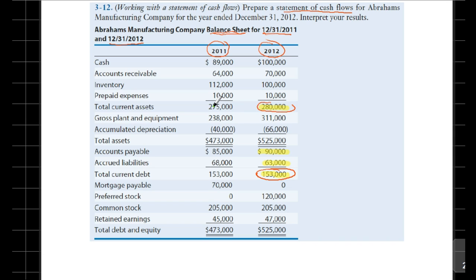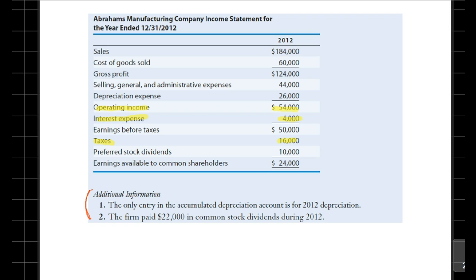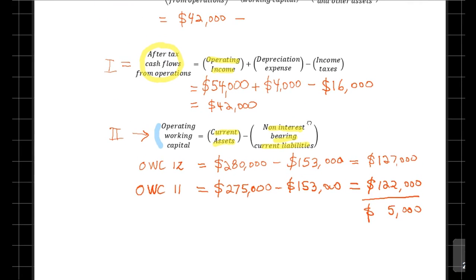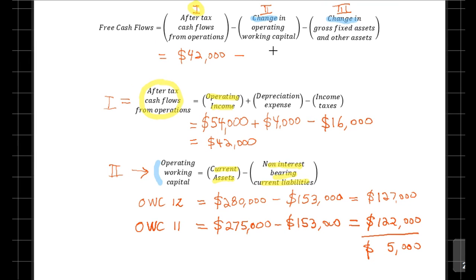We have the total current assets as 275 and non-interest bearing current liabilities as 153 again. So basically 275 minus 153. That would give us 122. Looking at the difference, we realize the change in operating working capital is but $5,000. So now we can scroll back up and input that $5,000 into our equation.